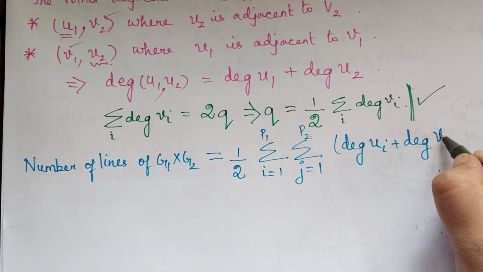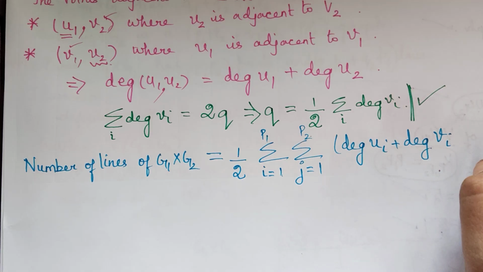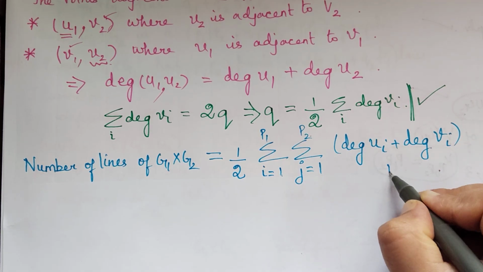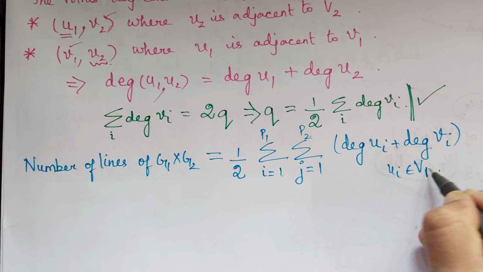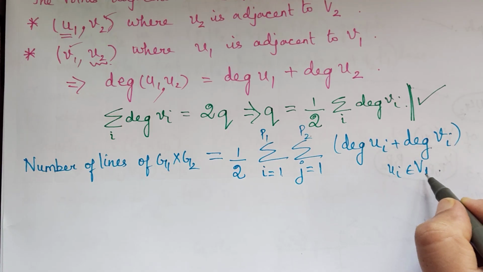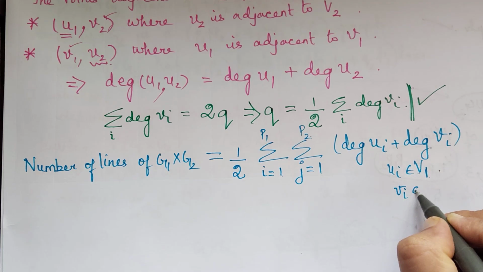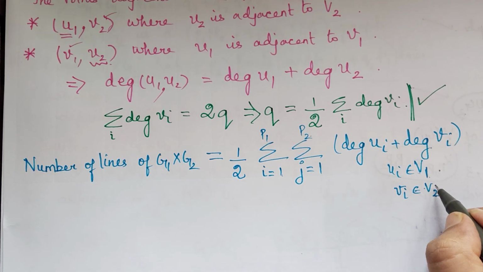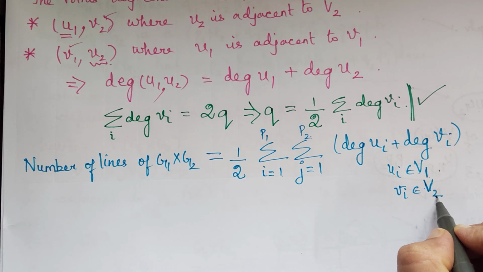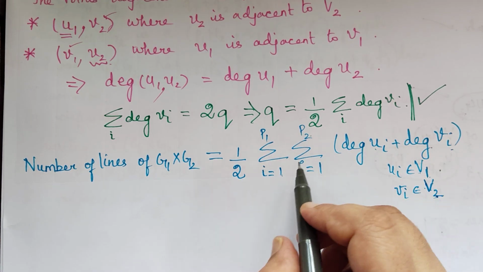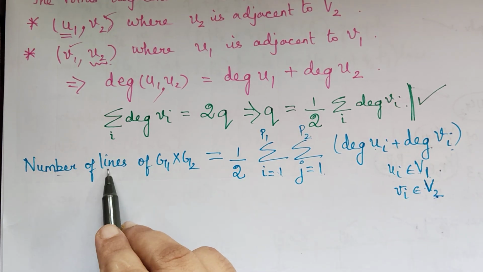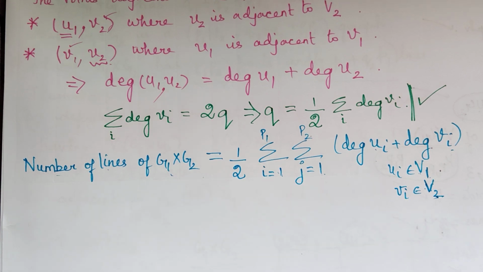So we have to add both the degrees, ui and vj, where ui belongs to the vertex set V1 of G1, and vj is from V2, where V2 is the vertex set of the graph G2. So adding those two degrees and summing it up gives us the number of lines of G1 cross G2.